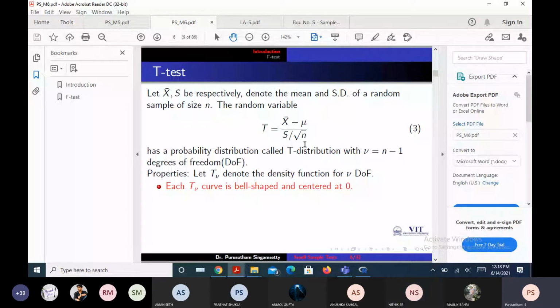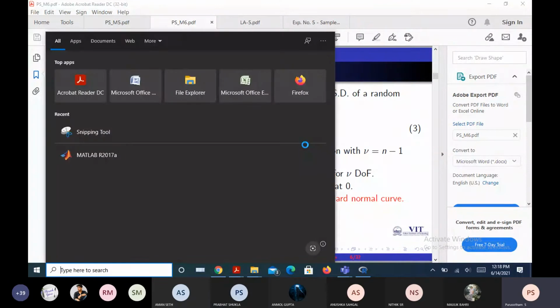Basically, sigma denotes the population standard deviation, and s also denotes standard deviation, but it is the sample standard deviation, remember. In the case of a large sample test, we use the population standard deviation if it is available. In the case of a small sample test, we use the sample standard deviation. That is the only difference, given by R.A. Fisher, who is renowned as the father of statistics.